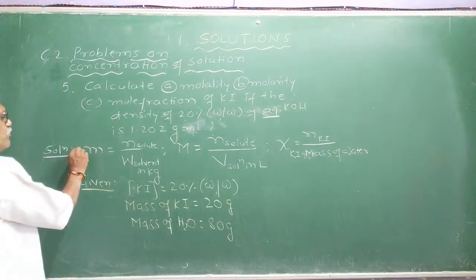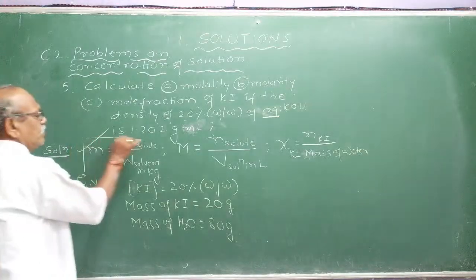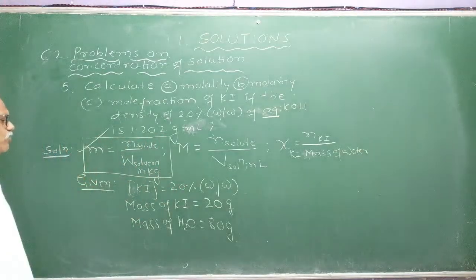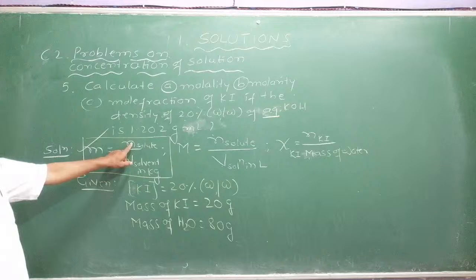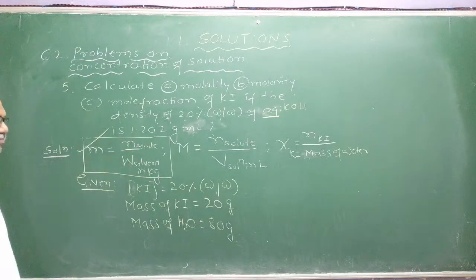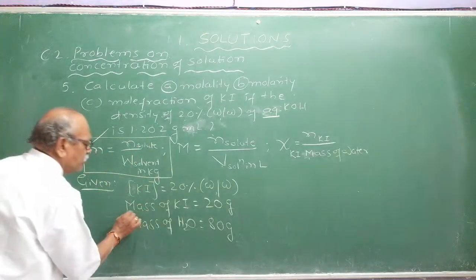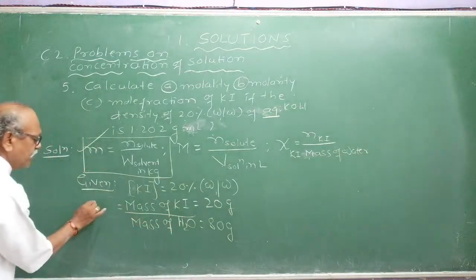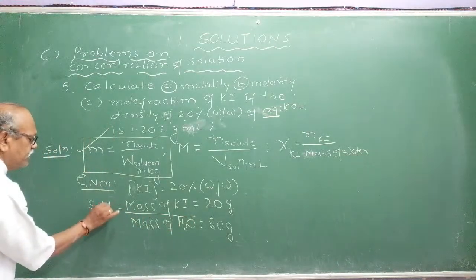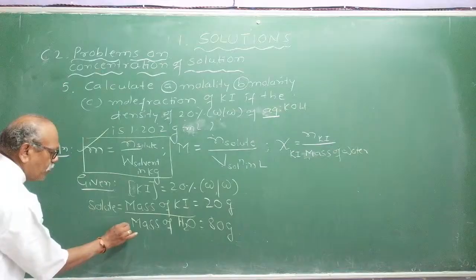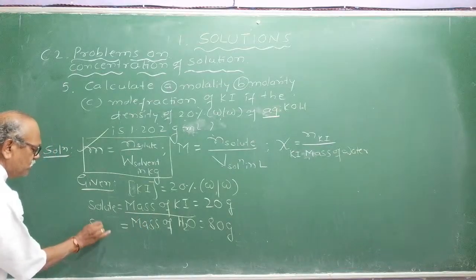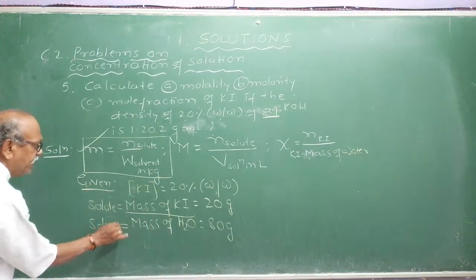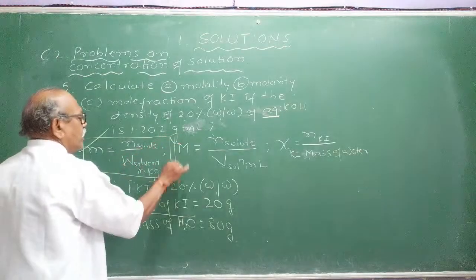First of all, we have to calculate molality. So, to get molality, what is required? You must take the number of moles of the solute. What is the solute here? Potassium iodide. Solvent is water. Carefully study the formula and the requirement.